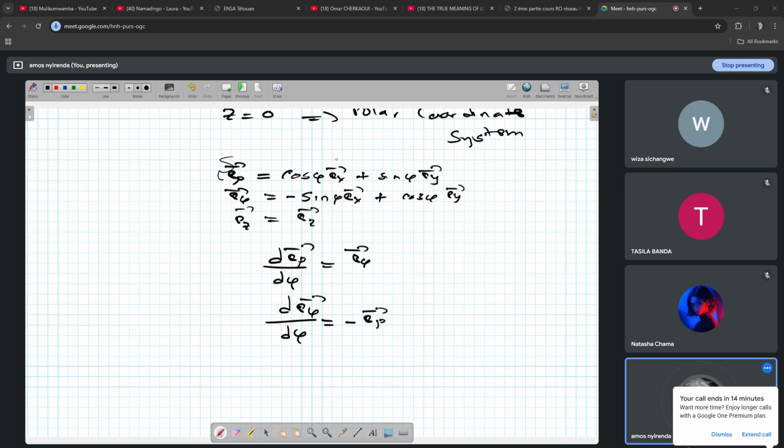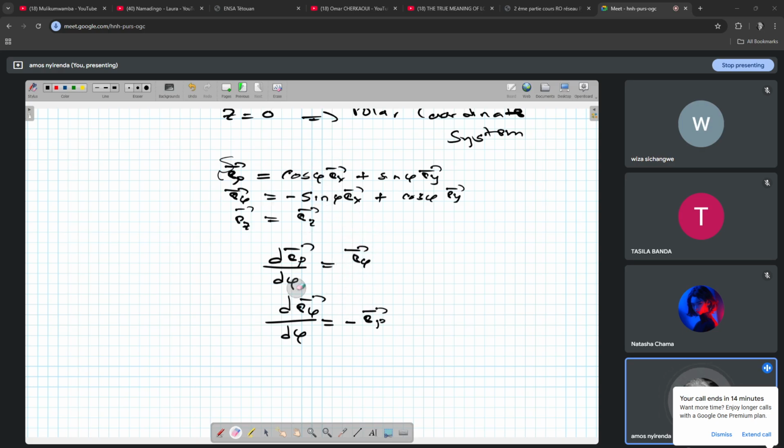Remember that I said that the derivative of Ex is... when you differentiate this cos, you get minus sine. Then you differentiate the sine here, you get cos, like so. The derivative of cos is minus sine. The derivative of sine here is cos, and then you see that you get phi.